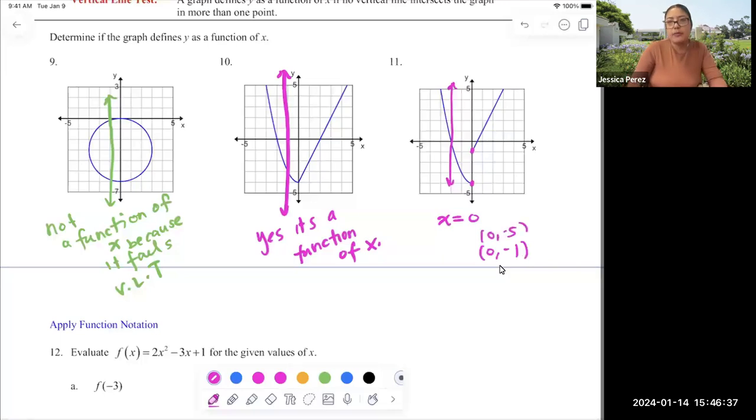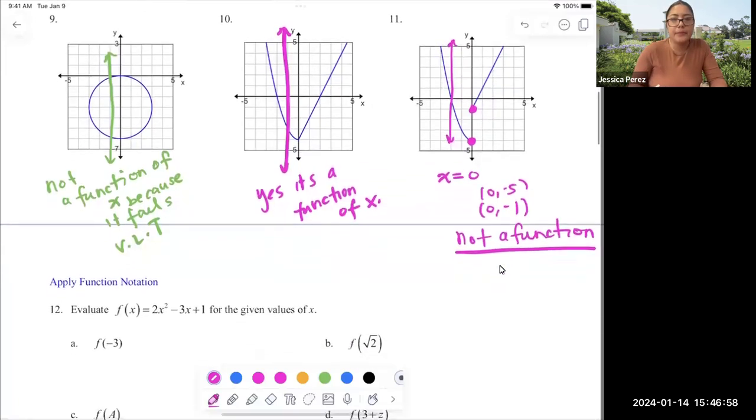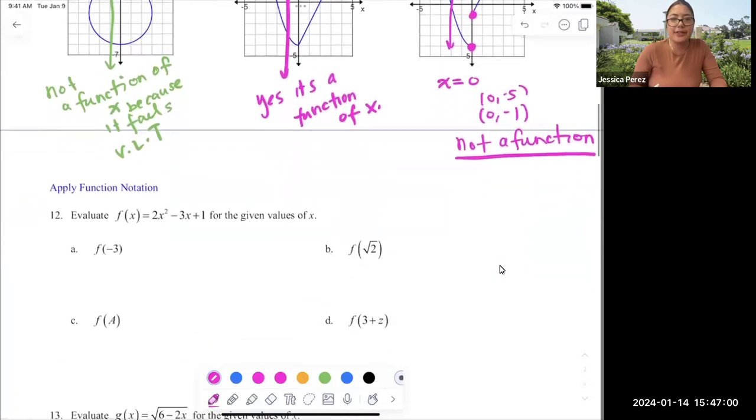Well, 0 is already assigned to one of them, one or the other. So this is not a function because it breaks. So you're saying 0 can't go to two different places at the same time. It goes only one to the other. So right here, it fails the vertical line test. Okay. So that defines a function.